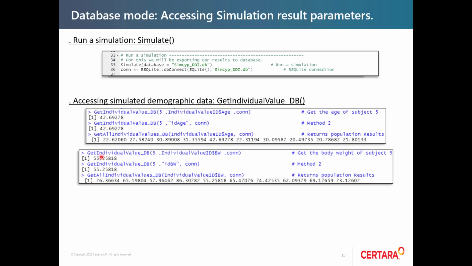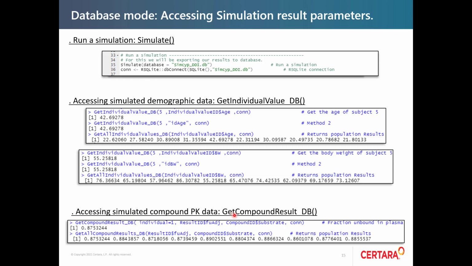I use the function getIndividualValueDB, where I specify the subject's number, the individual value ID, and the RSQLite connection. Once I've run this function, it will spit out the body weight simulated for subject 5. And then if I'm interested in knowing the body weight for the full population, I can use the getAllIndividualValuesDB function to extract this information.